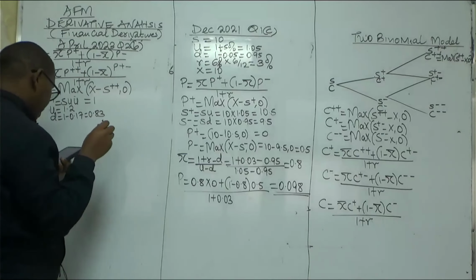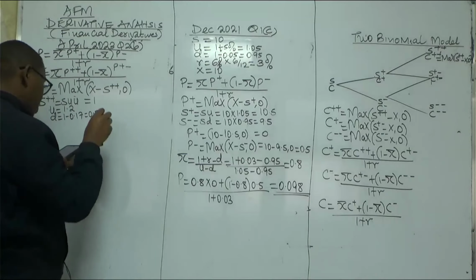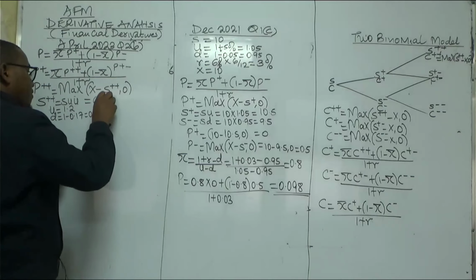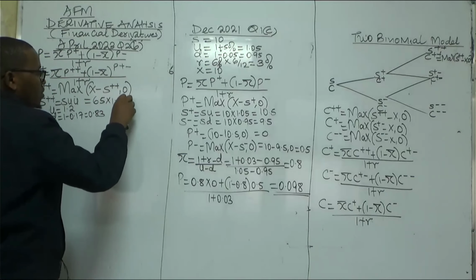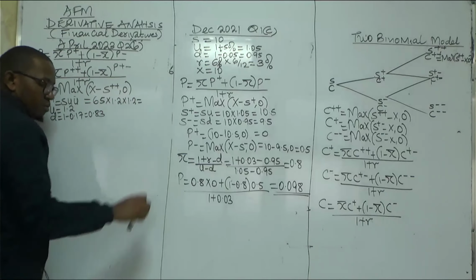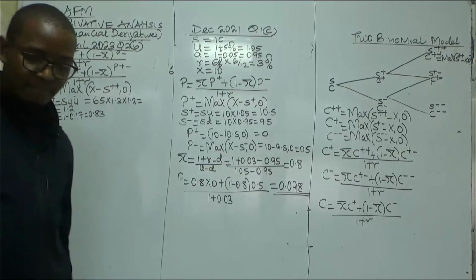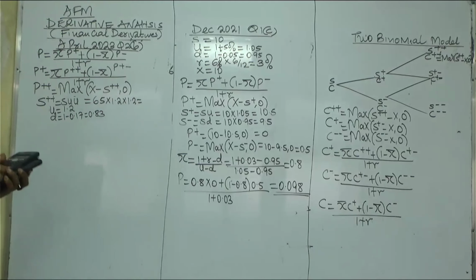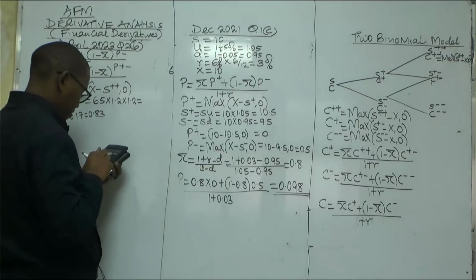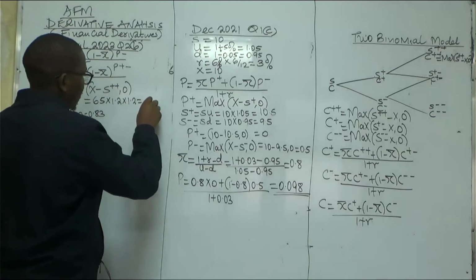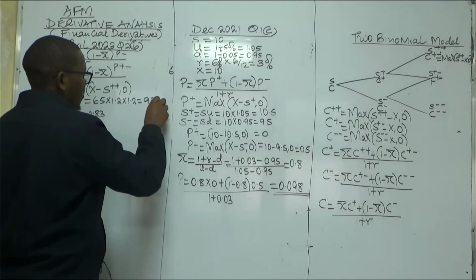The spot price currently is 65. You multiply by 1.2 squared. This will be 93.6.